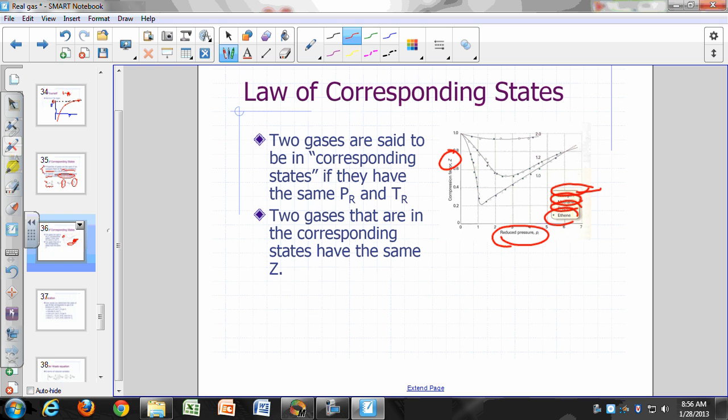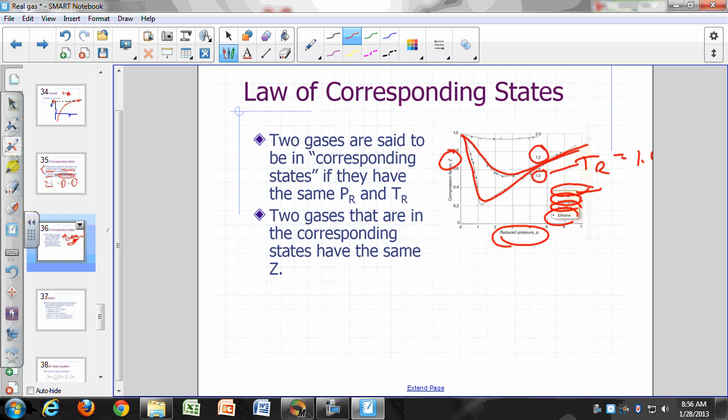Look at all those data points. For a given isotherm, this is when the reduced temperature is 1.0, this is what it looks like. This is at the critical point. All the points fall more or less on the same line. When T sub r equals 1.2 right here, you can see the data points fall on the same curve.